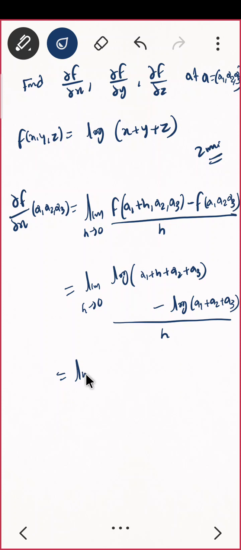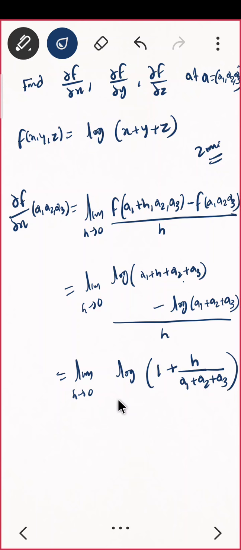This is limit h tending to 0, log of a by b. Taking e1, e2, e3 together, it will give me log of (1 plus h upon (e1 plus e2 plus e3)). Correct? And that is divided by h. Now you want to solve this limit. How will you solve it? Tell me.